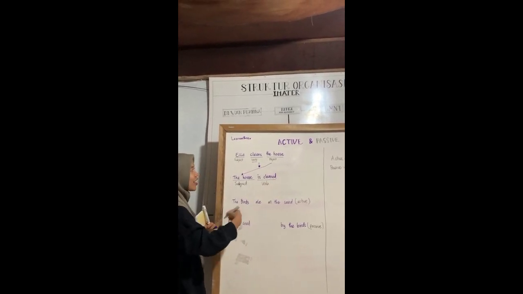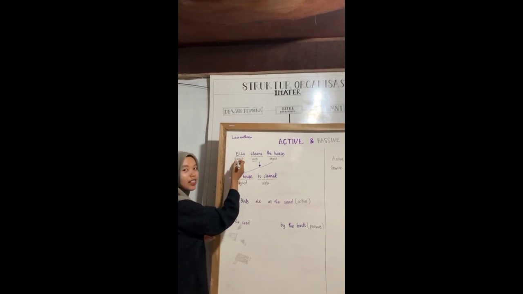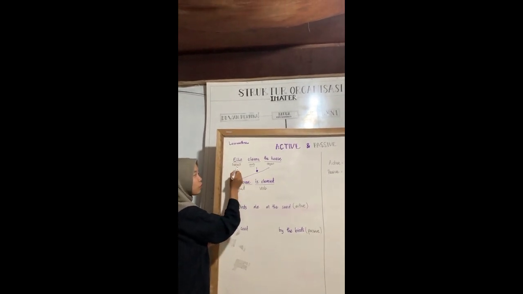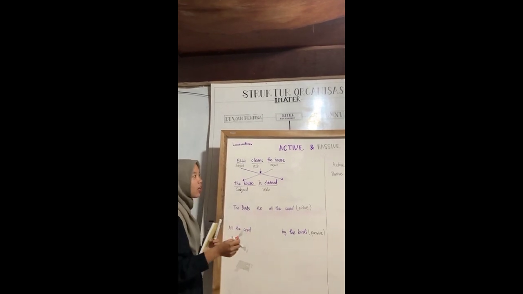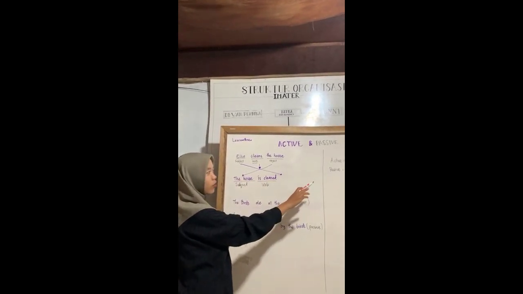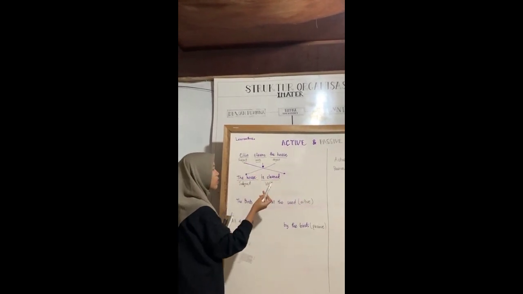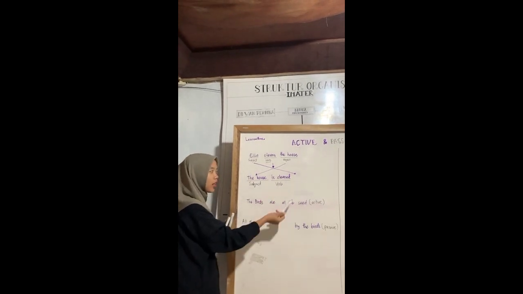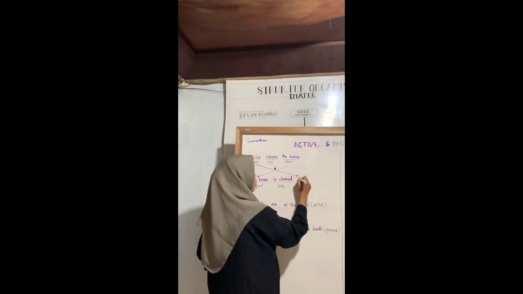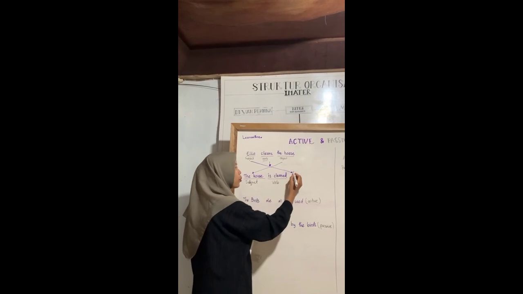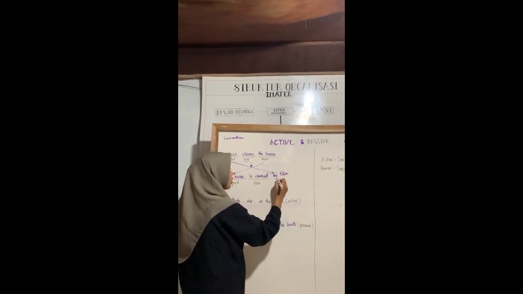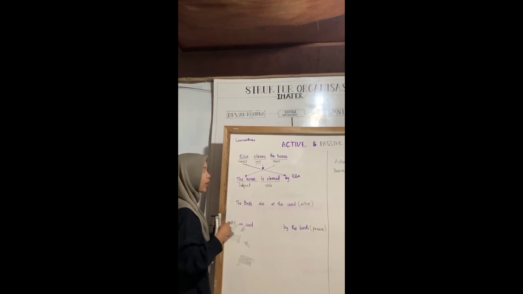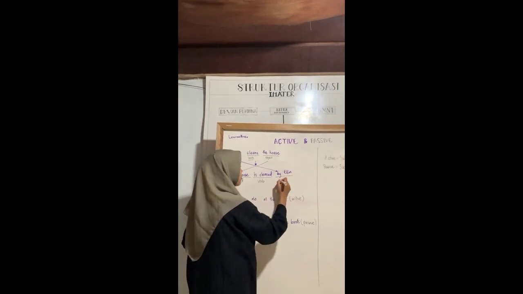And last, Ella is the subject here, and we need to move it to the end of the sentence as the agent. Look, in the passive voice the subject receives the action. So the house receives the action from the verb is cleaned. And here, don't forget to put by before Ella. So Ella is the agent.